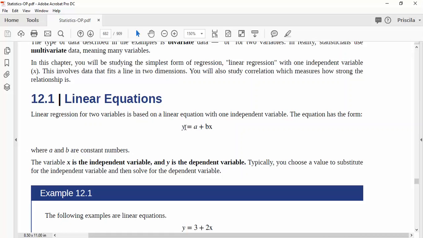I'm trying to think of an example. Let's say that I do tutoring, and I say that I charge $25 for tutoring. My minimum fee is going to be $25, and for every additional hour, I charge $10.